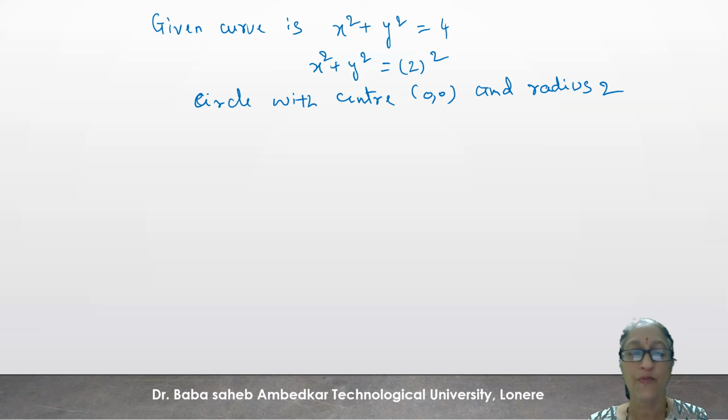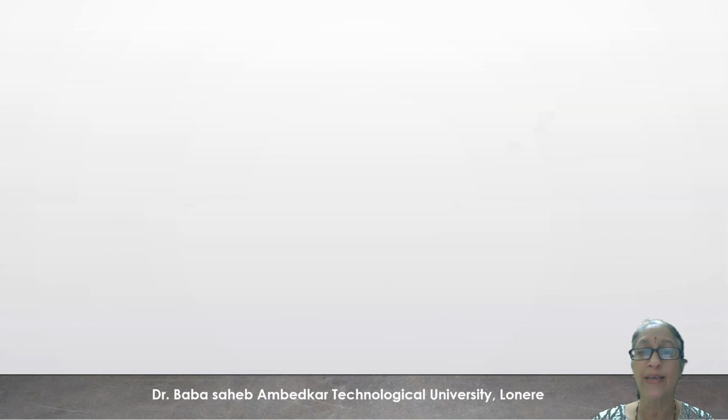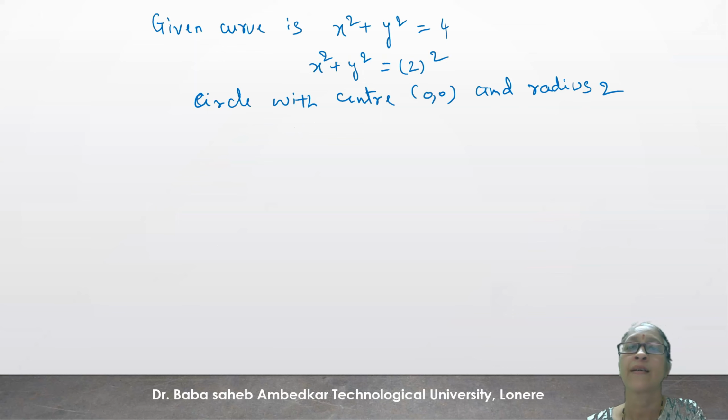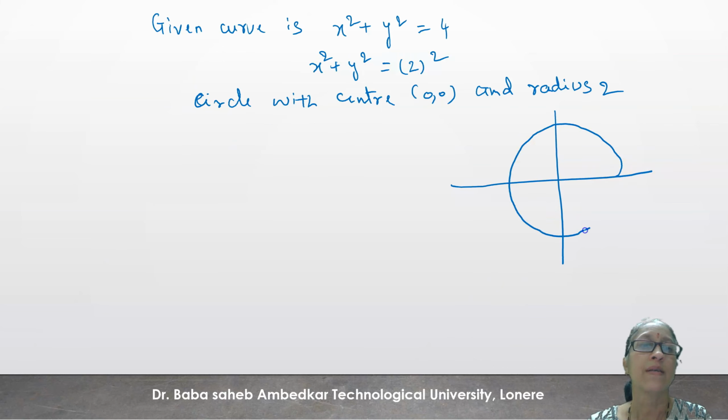Now here what are our poles? Poles are minus 1 and plus 1, right? So if we plot this circle with radius 2, centered at 0, here 1 and minus 1, both these points are lying inside this circle.